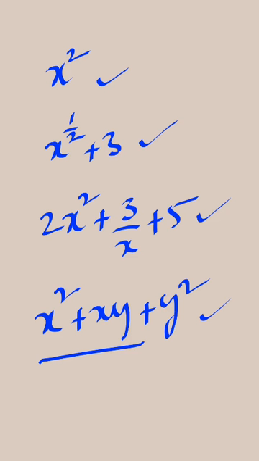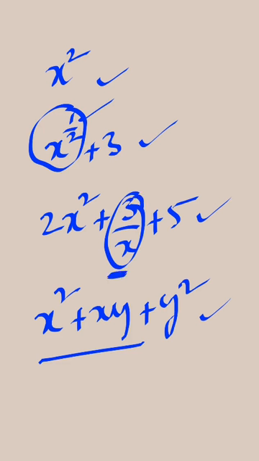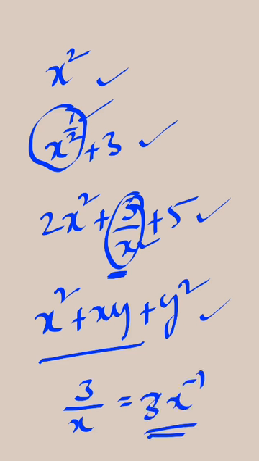Why? Because here the variable power is 1 by 2. It's a fraction. And coming to this term, the second term, the variable is in the denominator. That means generally 3 by x we can write as 3x power minus 1, because 1 by x is x power minus 1, using exponents.